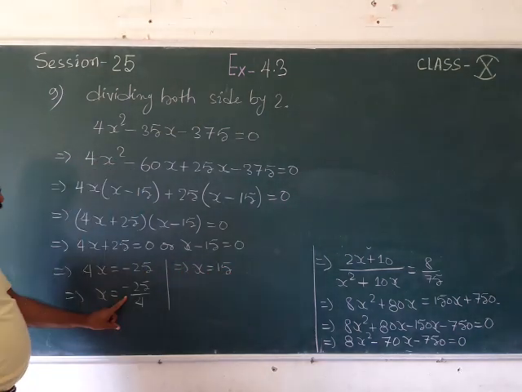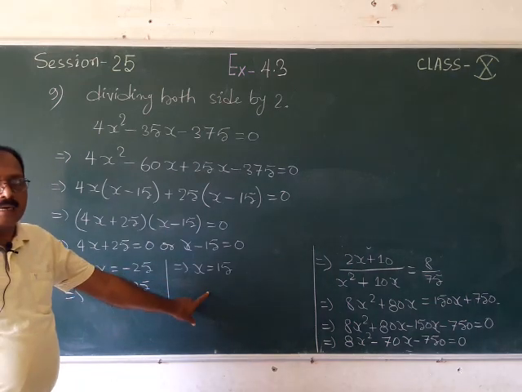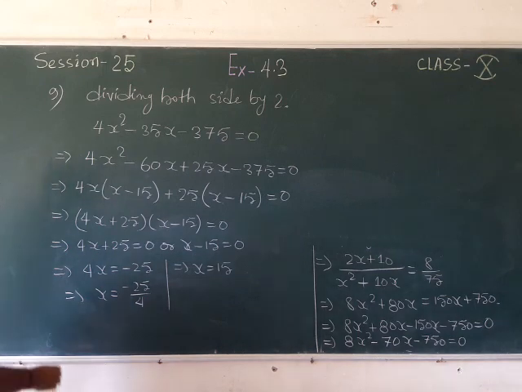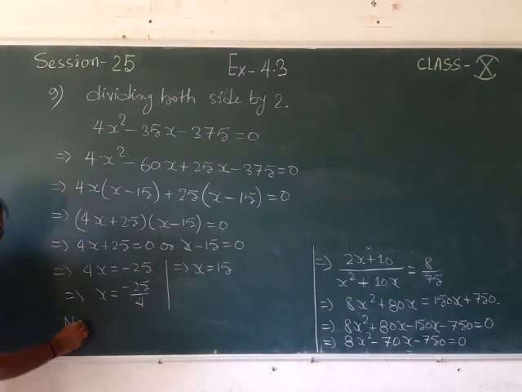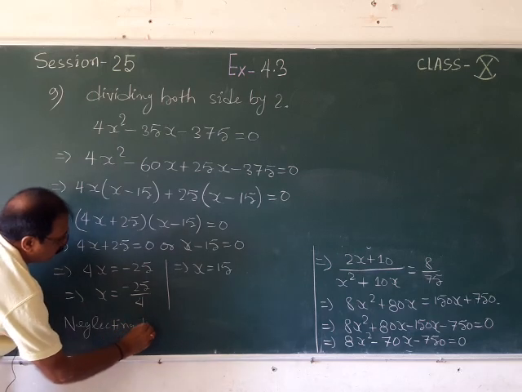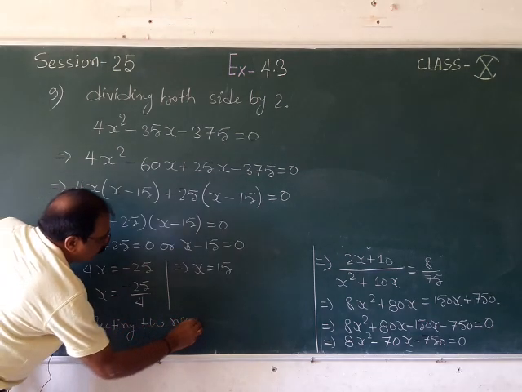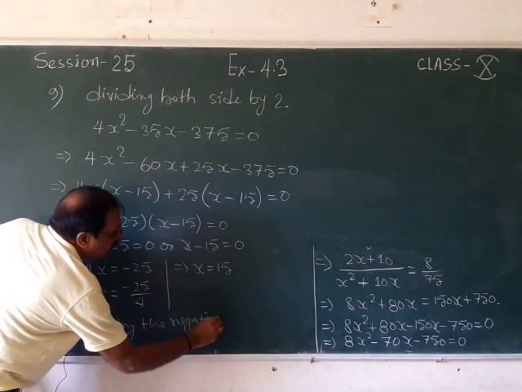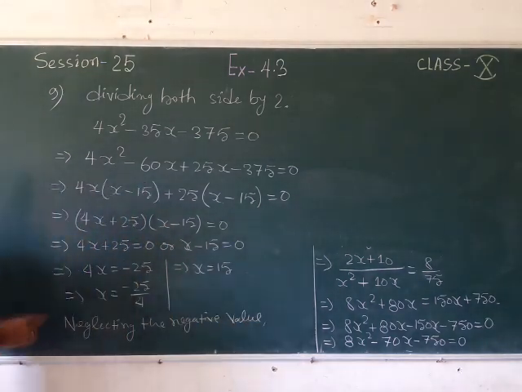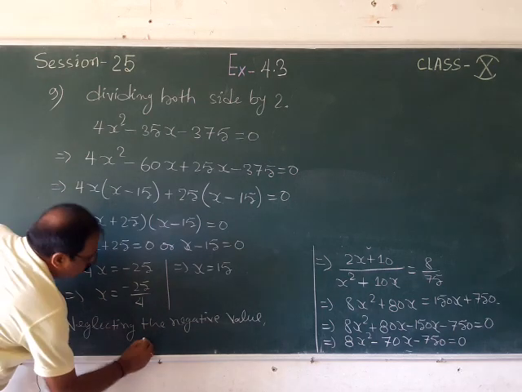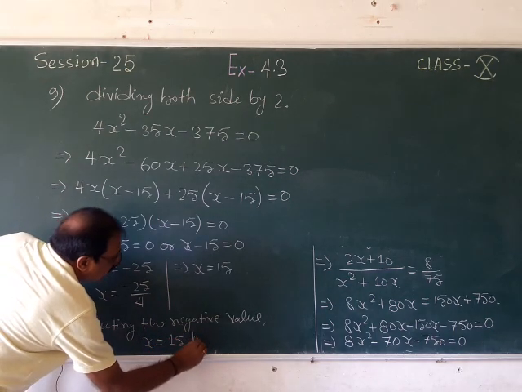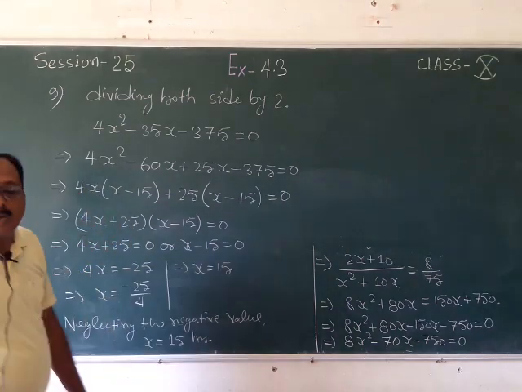So here one value is negative and another value is positive. So neglecting the negative value, you are having x equal to 15 hours.